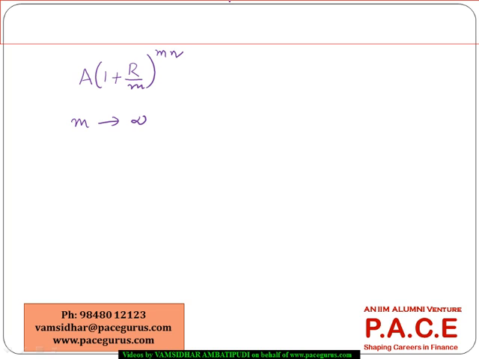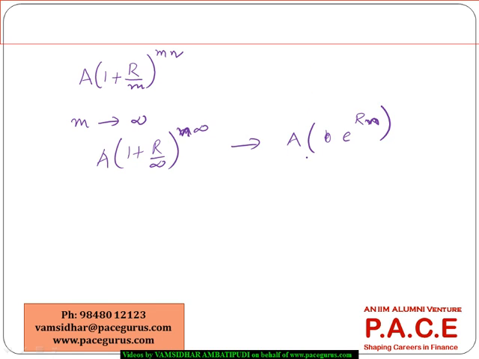This is where I target m tending to infinity. Then we get 1 plus r by infinity to the power infinity. Using the concept of limits, the same thing will come out as A into e to the power of rn, for n periods.